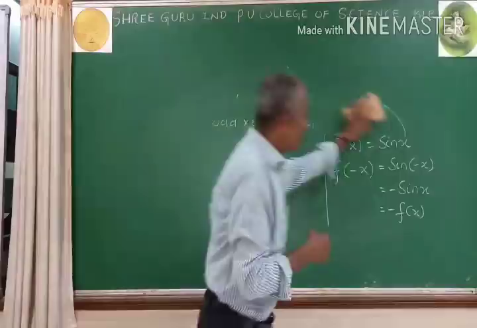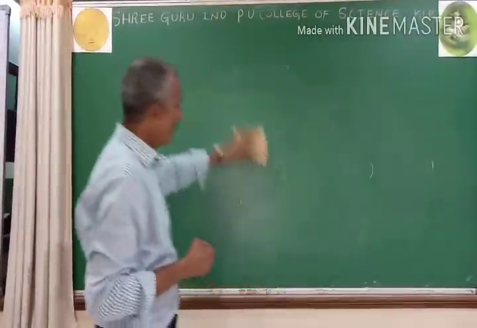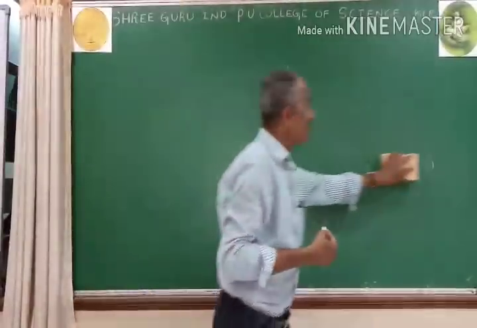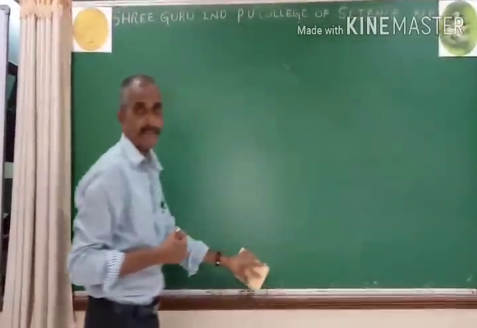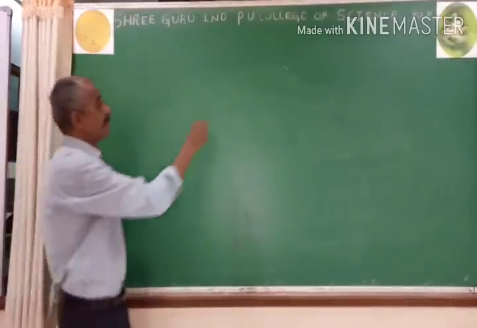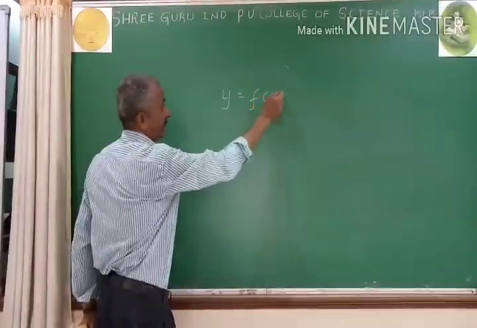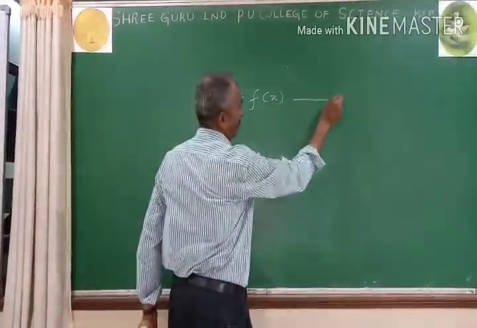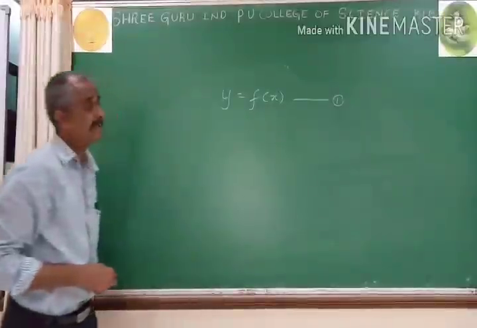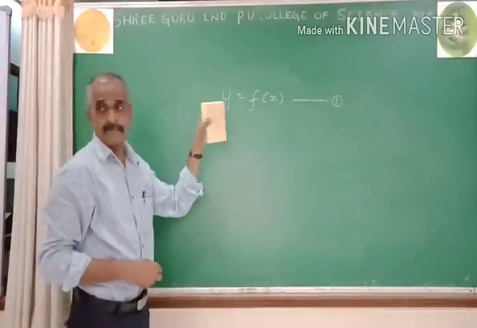And after studying these types of functions, let's have a brief idea again of the derivative of a function, which was already noted in PUC first year. Let's consider a function y equal to f of x. Let us call it equation 1. As we have seen, x and y are variables, hence they can change their values.